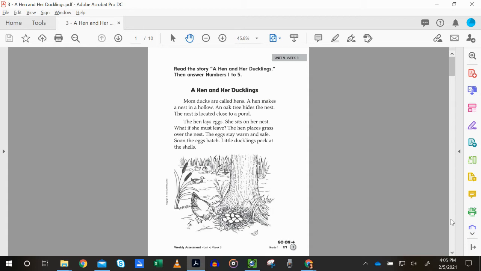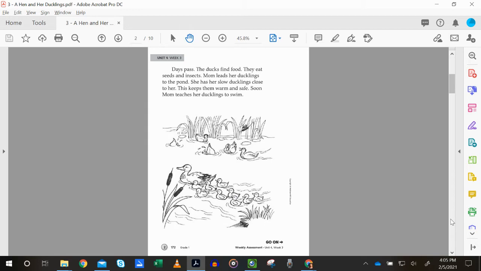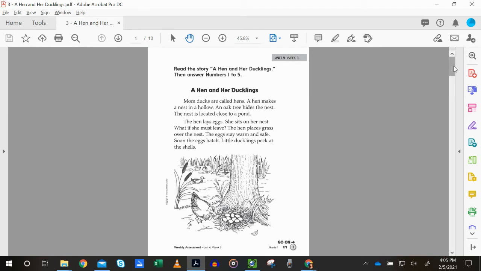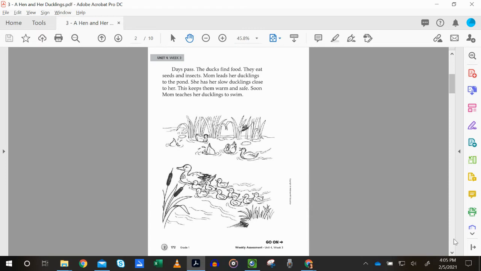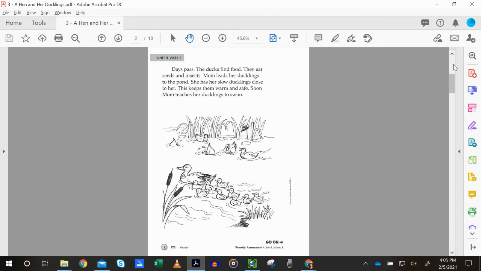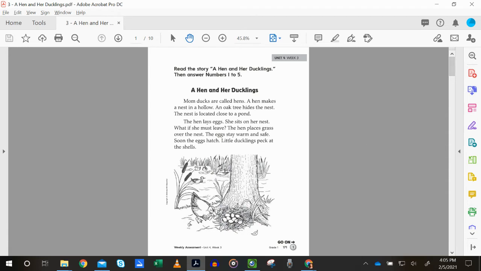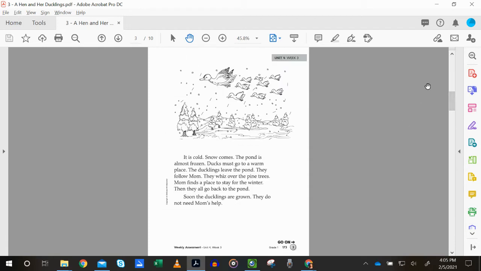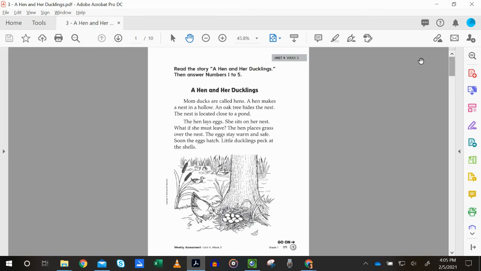Okay, so which picture tells us we're on the right page in order to find our answer? This one, or this one? Okay, it was the first one, right? Because in the first one, we can see that the mom duck is here with eggs. The other two pictures are after the eggs have hatched and the birds are growing.